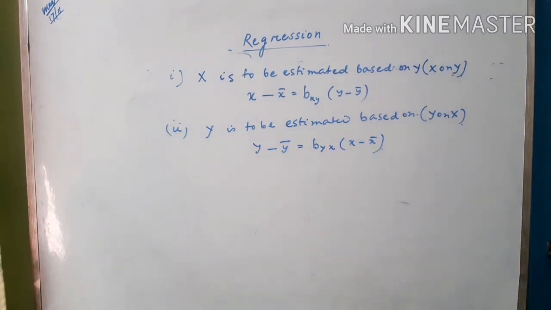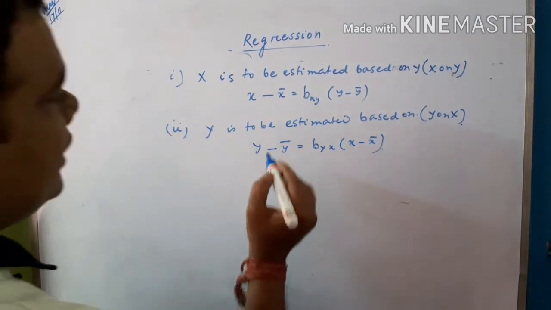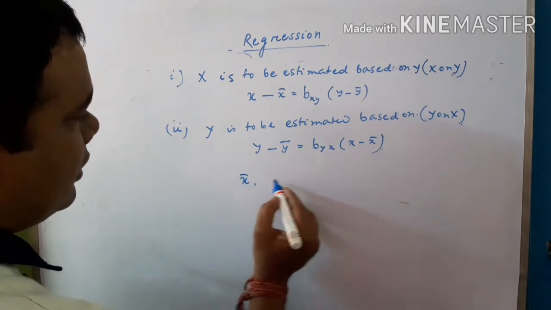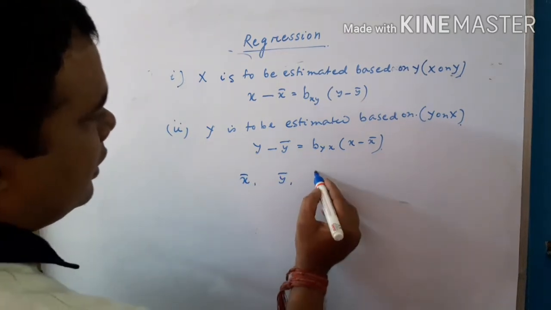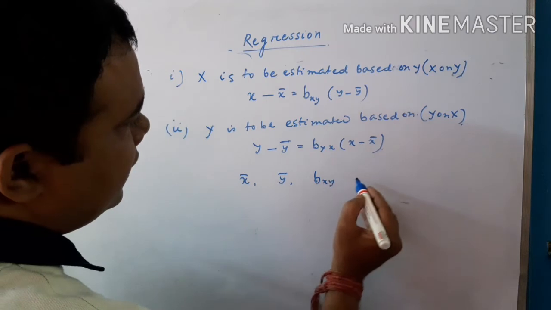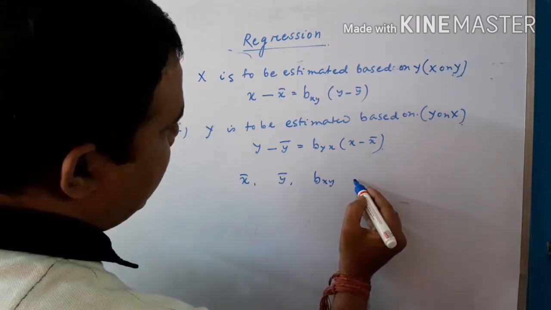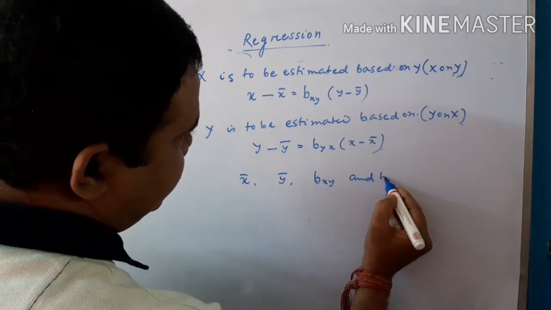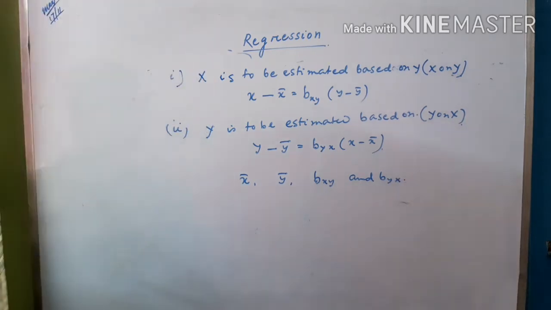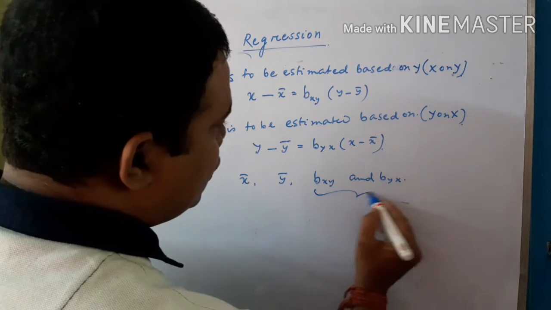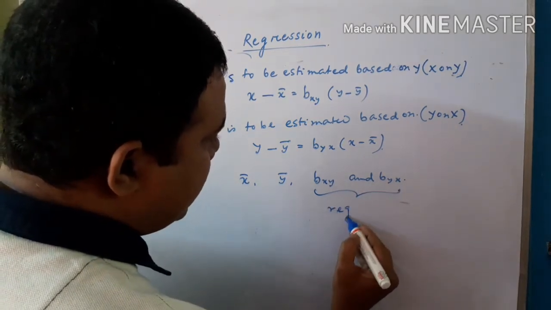Now the problem is, here we have to find the values of x bar, y bar, bxy and byx. Now bxy and byx, they are both called regression coefficients.